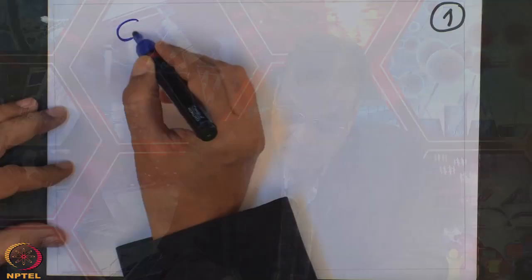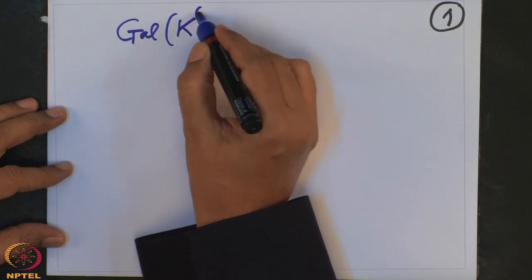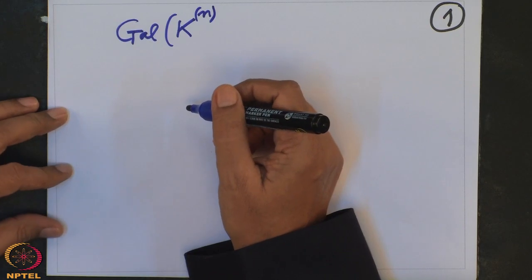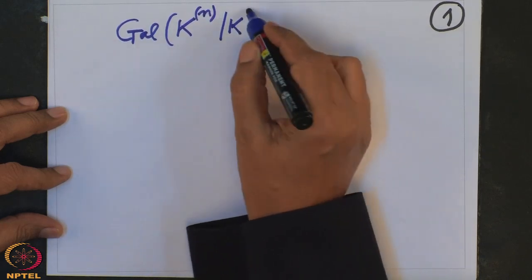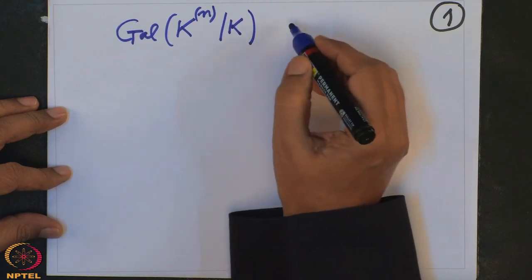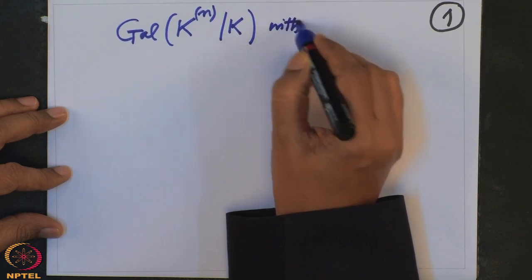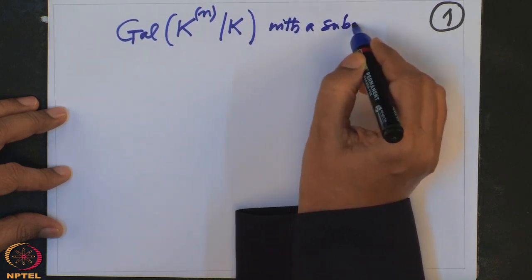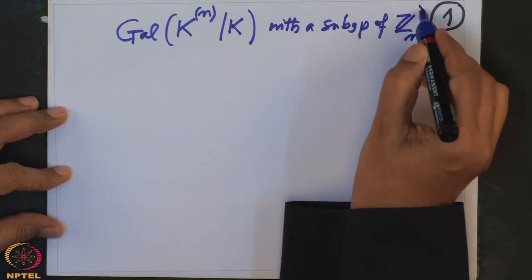We have just now checked that the Galois group of the splitting field of x^n minus 1 over a field K, where this n and the characteristic of K are co-prime, can be identified with a subgroup of Z mod n units, the units in Z mod n.